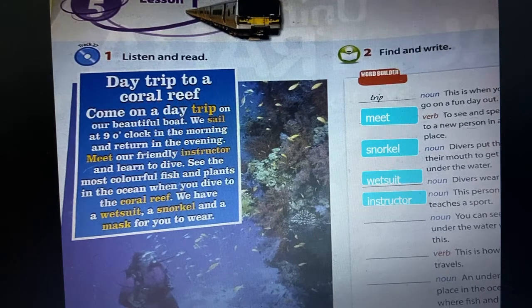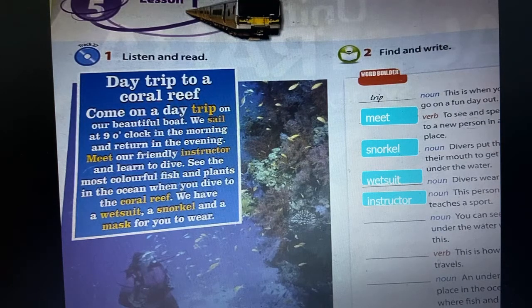The next word, it's a noun. You can see under the water with this. So how can I keep my eyes open when I am under the water, or when the diver is under the water? What does he wear in order to help him to see or to watch the creatures, or to enjoy watching creatures under the water?